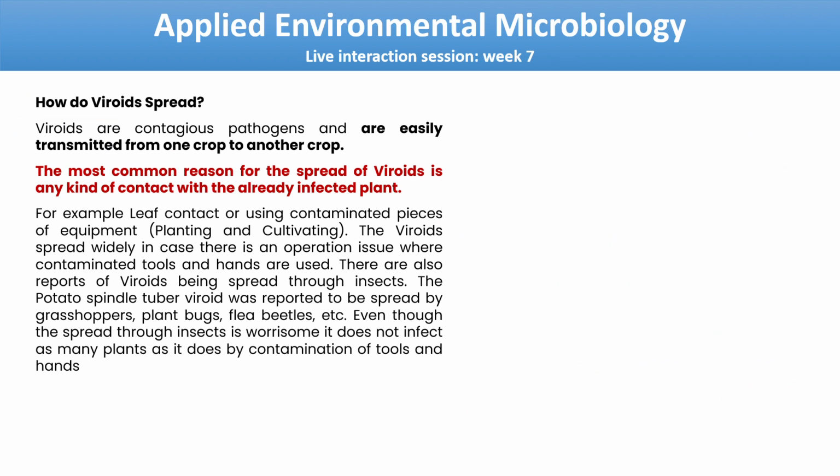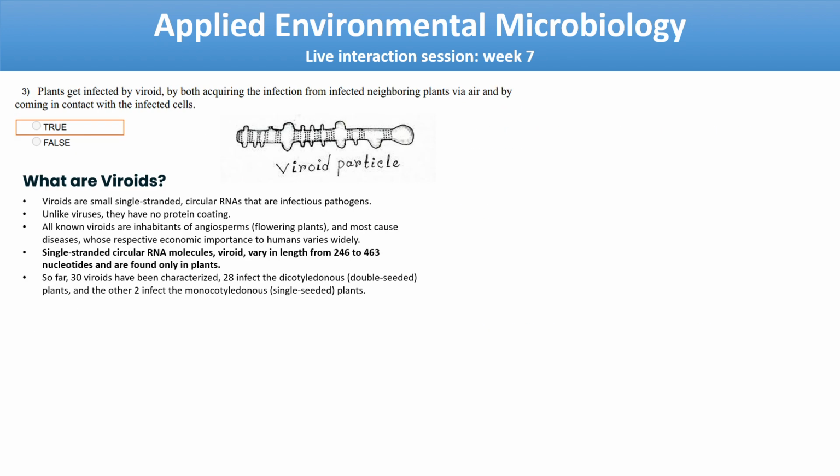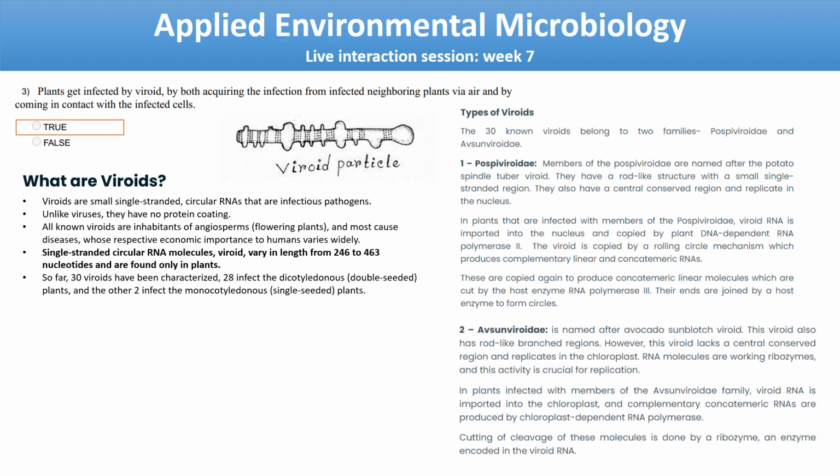Okay, so therefore the option that was there, that plants get infected by viroid by acquiring the infection from infected neighboring plants via air, yes, it is true. Or the plants can get infected by coming in contact with the infected cell. So yes, that's a true statement.